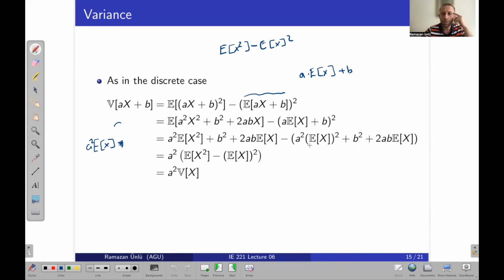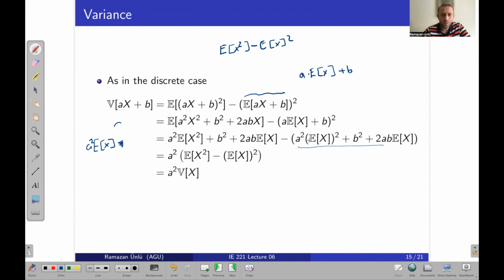So it will be a squared times the expected value of x squared, okay, plus the second term squared, which will be b squared, plus 2 times the first term times the second term. Okay. So, and I will have this term. There will be some cancellation here. So let me do that.